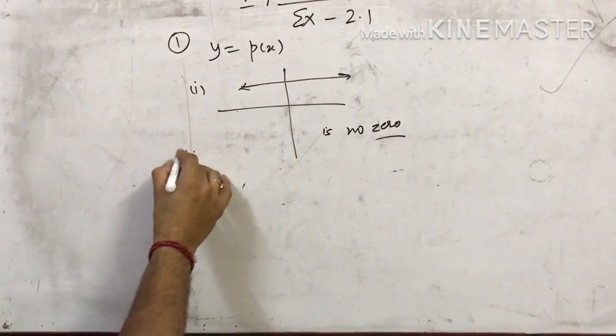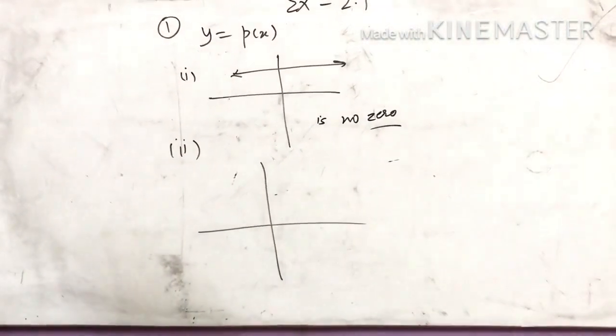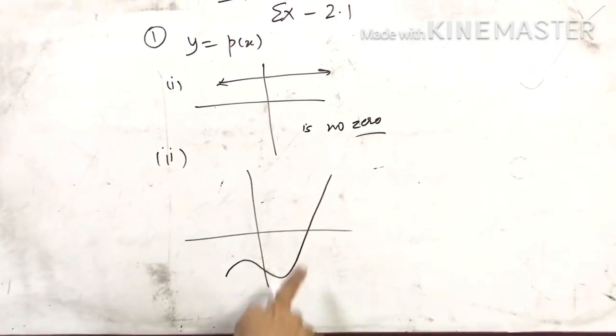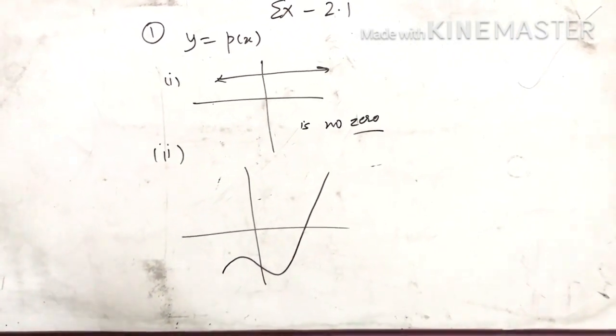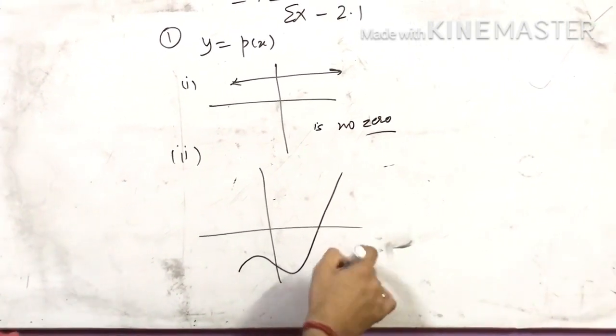So second part is, now what you see here, it is touching the x-axis at this point, that is 1 point. So number of zeros will be 1. So there will be 1 zero.